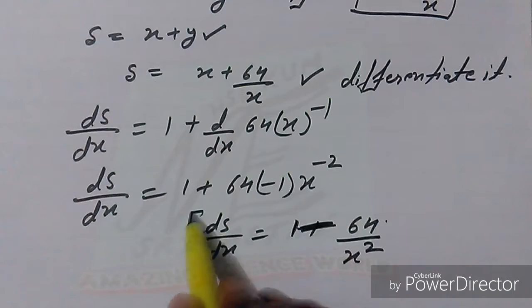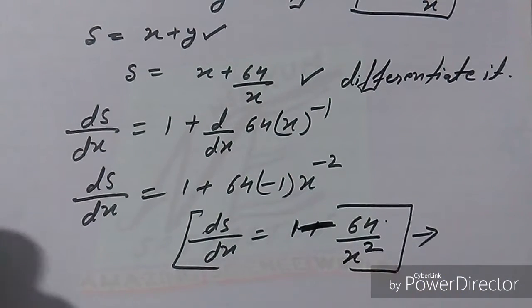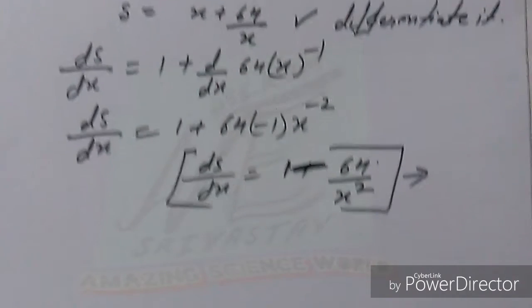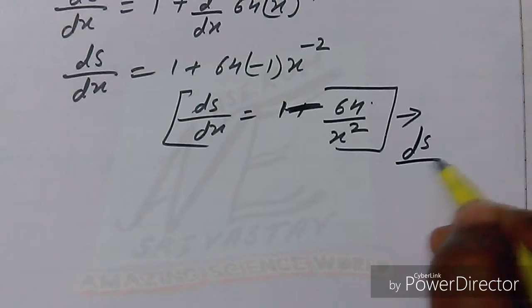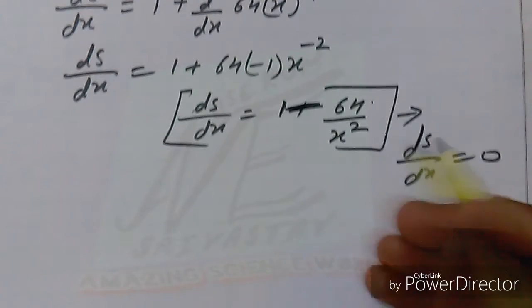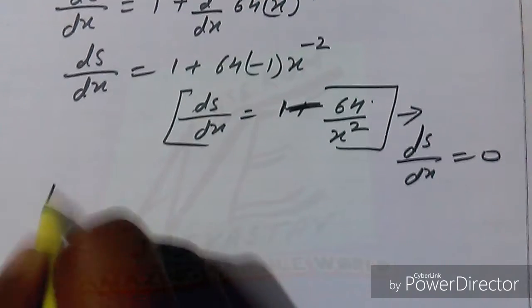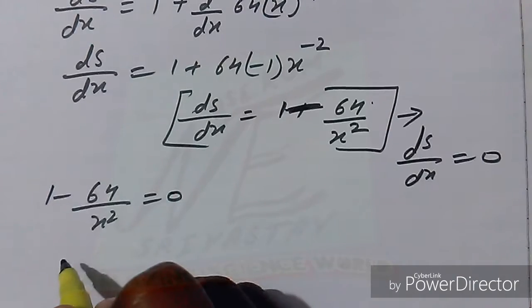Now from this equation we find the value of x by putting ds by dx equal to 0. Then 1 minus 64 by x square is equal to 0.